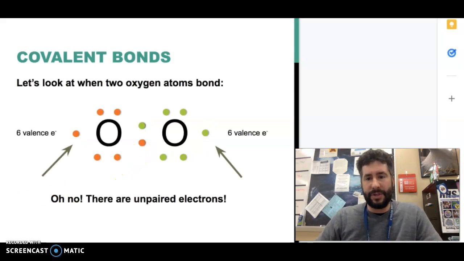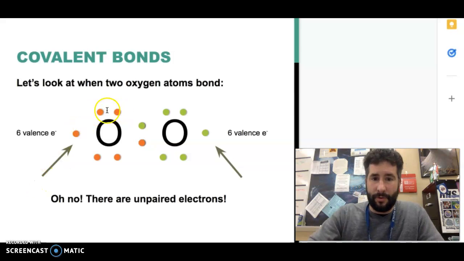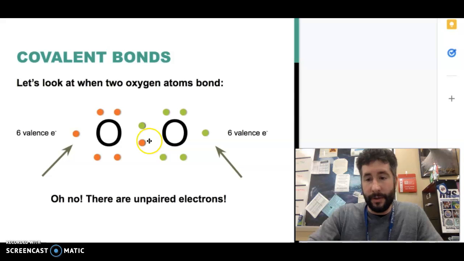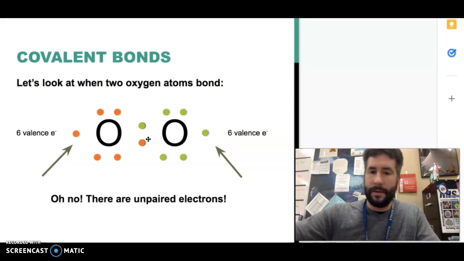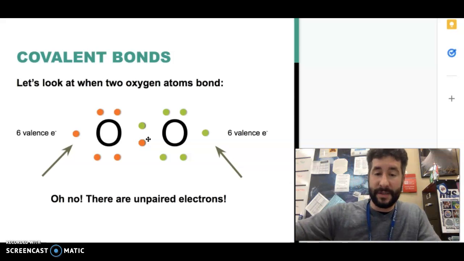Likewise, oxygen has 6 valence electrons. If the orange molecule here tried to grab a green one, and the green molecule here tried to grab an orange one, and they ended up sharing, that would be all fine and dandy, except that we have 6 on there.